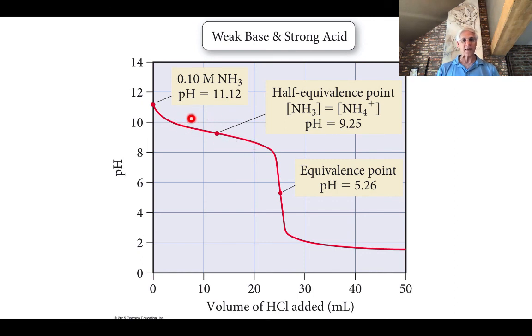We've now created a buffer solution, and then as we move out of the buffer solution and towards the equivalence point, the pH drops very rapidly. We pass through the equivalence point, which here happens to be at 5.26, and then we just have a slow decrease in pH after that. Then we're just adding more strong acid and really just diluting it at that point.